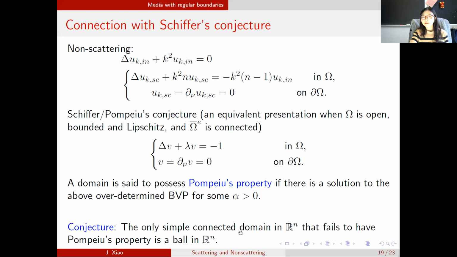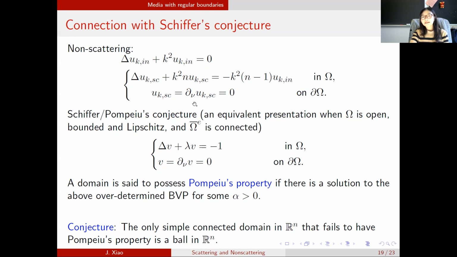Of course, that the complement of omega is connected is also important, because there are examples where omega is, say, a donut, or the space in between two spheres, and there are results that there are such solutions to this problem.